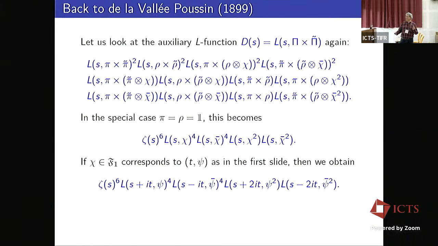If you take the logarithmic derivative of that, it's the same as the real part of the logarithmic derivative with half the coefficient, zeta of s to the 3, L of s chi squared and L of s chi squared bar. We usually look at that product, we take the logarithmic derivative, and then we take the real part. But taking the real part is the same as matching up with the dual guy. So in the end, you are really talking about the logarithmic derivative of this guy, which is of degree 16, not 8. That's good.